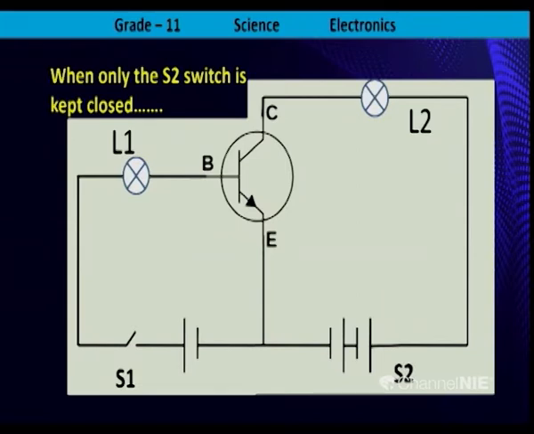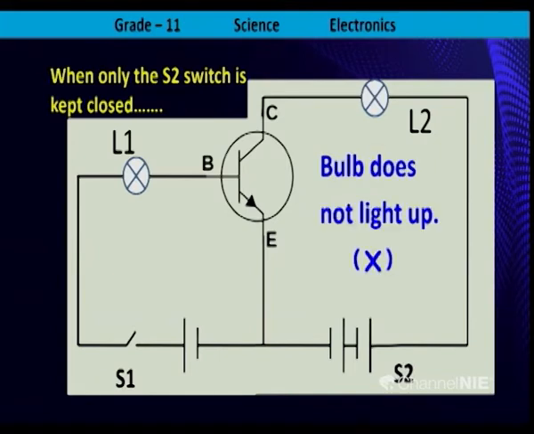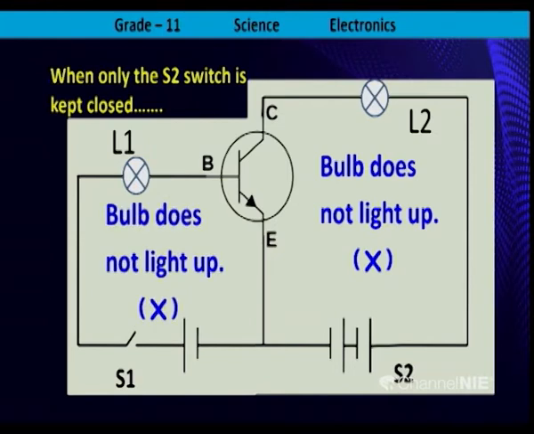Now, when only the S2 switch is kept closed, we keep the S1 switch open, we keep the S2 switch closed. Now what happened? Nothing happened. L2 bulb does not light up. L1 bulb also does not light up.